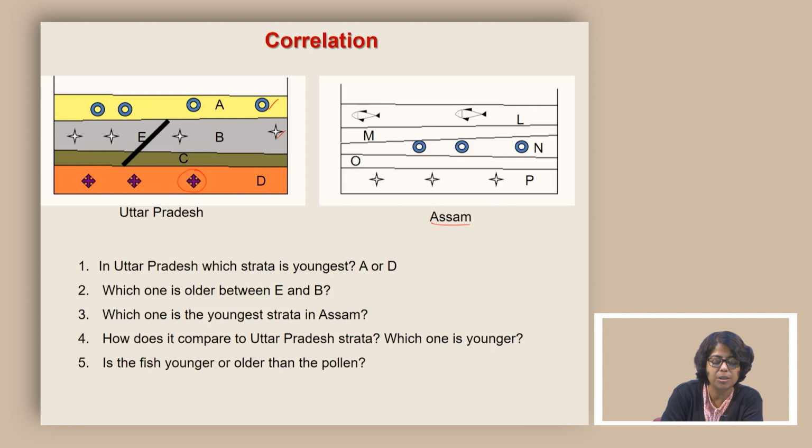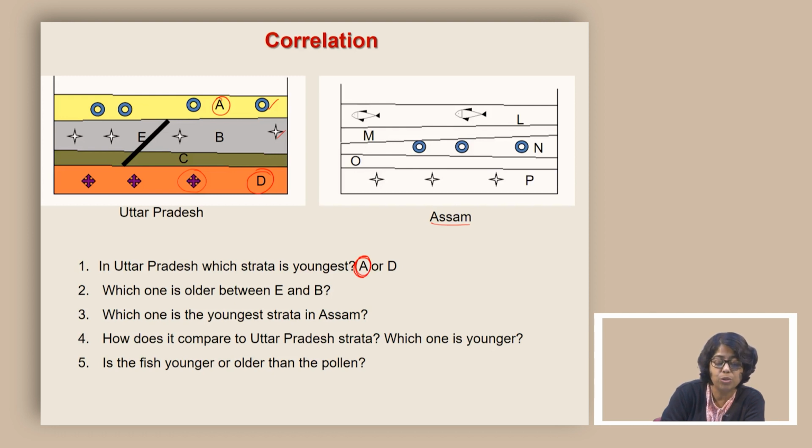So, the first question is, in Uttar Pradesh, which strata is youngest, A or D? Now, as we know that the law of superposition tells us that this strata has to be younger than this strata, we will say that A must be younger than D. So, in this case, A is going to be the youngest.